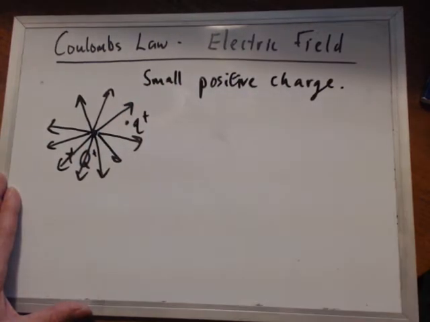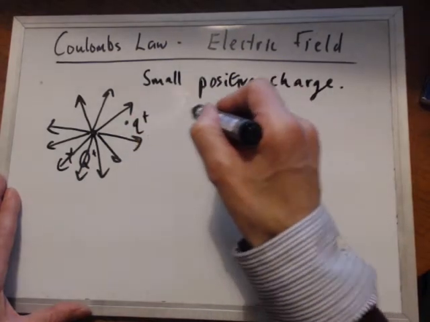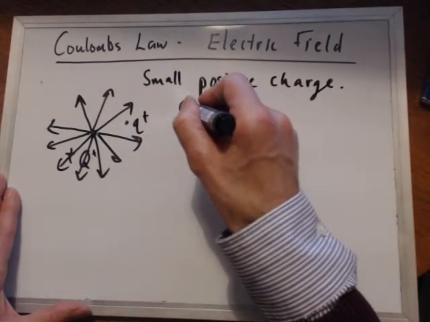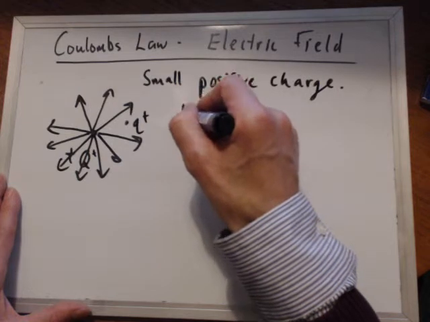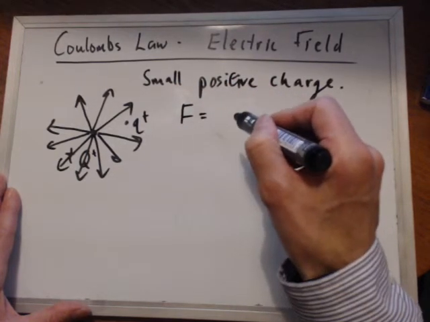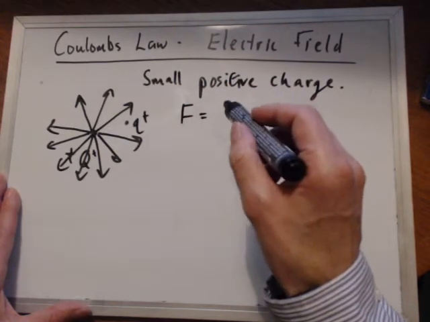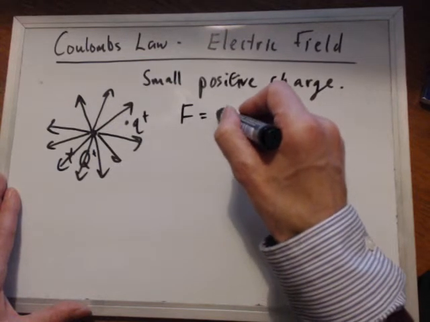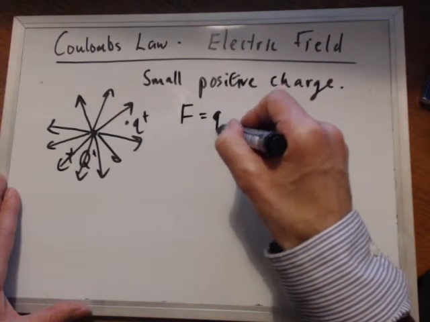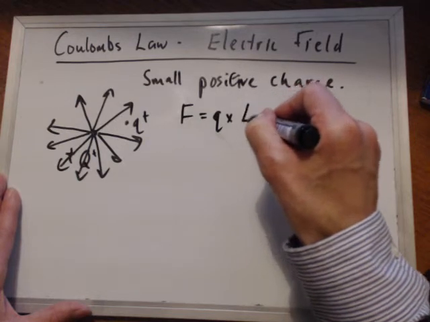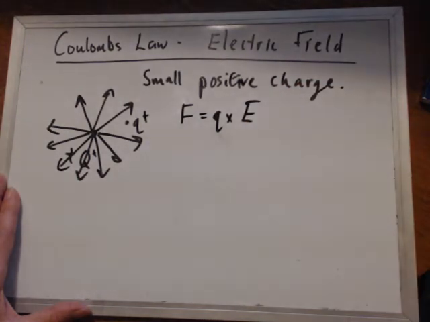This charge would feel a force acting on it, and the magnitude of the force would be equal to the charge, which is little q, multiplied by the electric field strength.